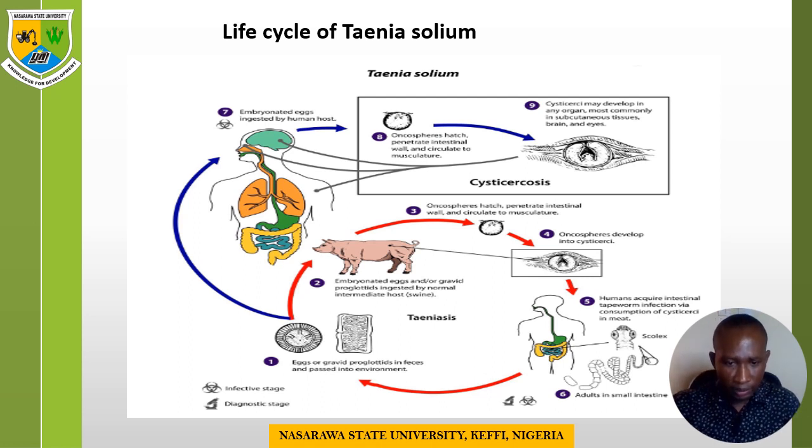Let's look at the first stage, which is the eggs. We are looking at the eggs of the common tapeworm. These eggs are laid and are available in the environment, present in feces defecated by humans.